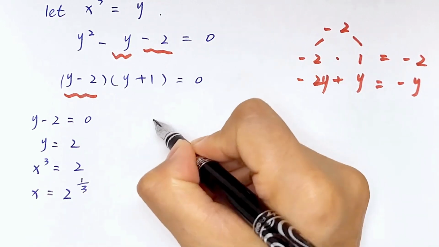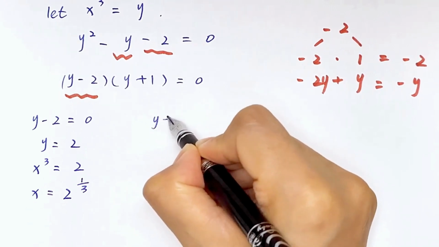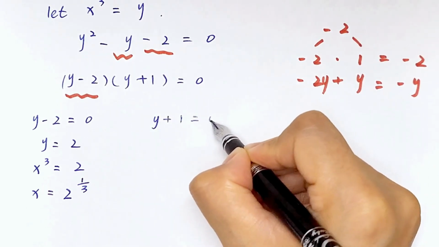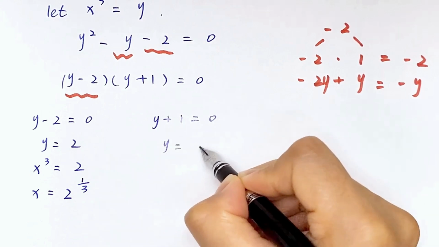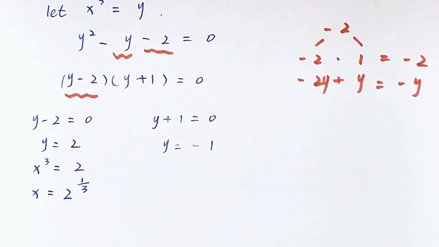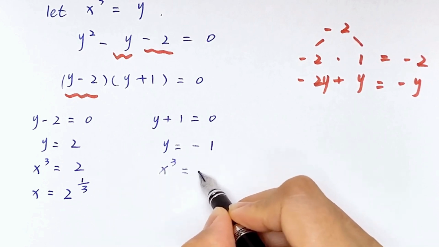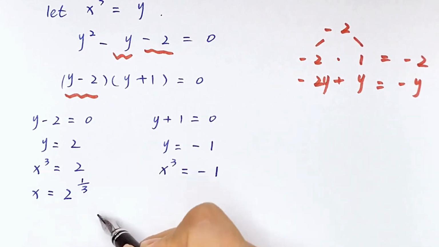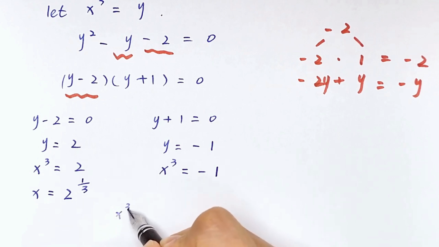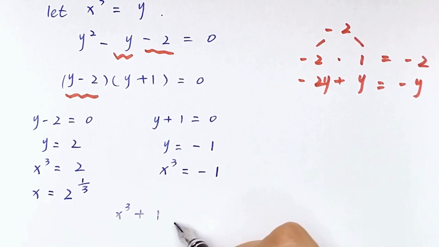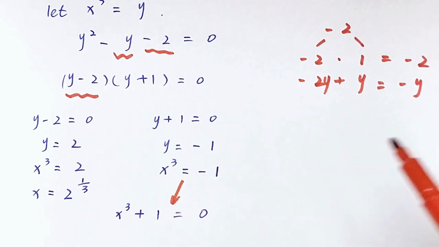And another case is y plus 1 is equal to 0. So y is equal to negative 1. It means x cubed is equal to negative 1. Now, x cubed plus 1 is equal to 0.